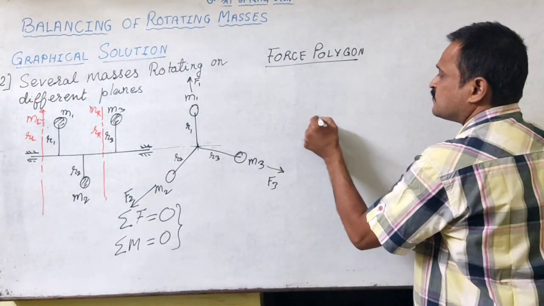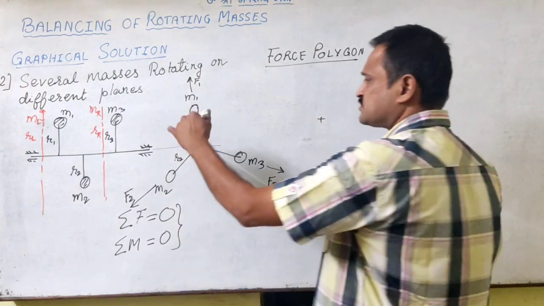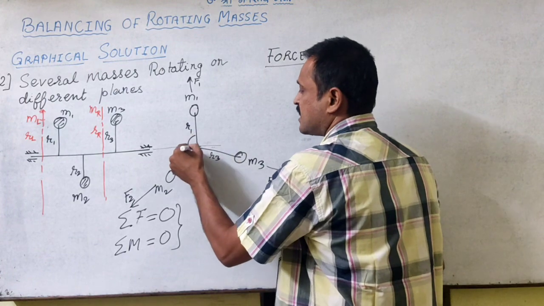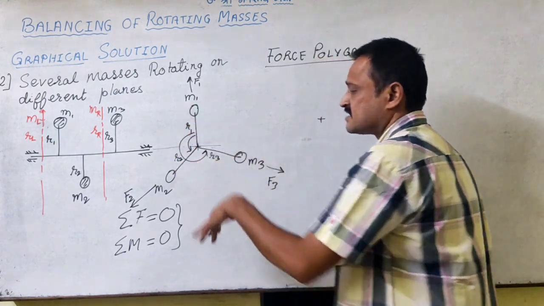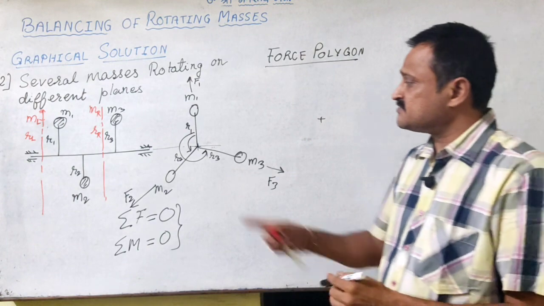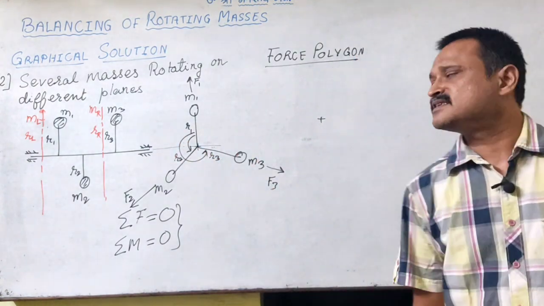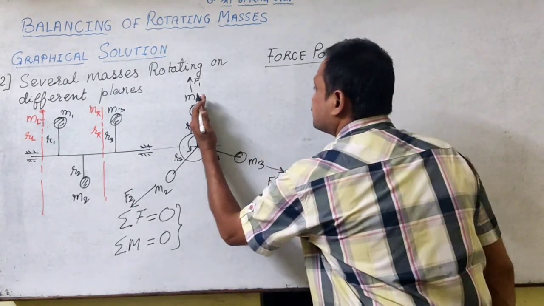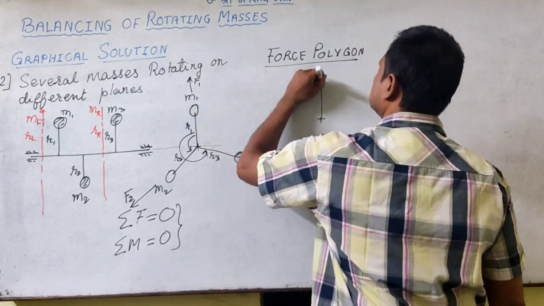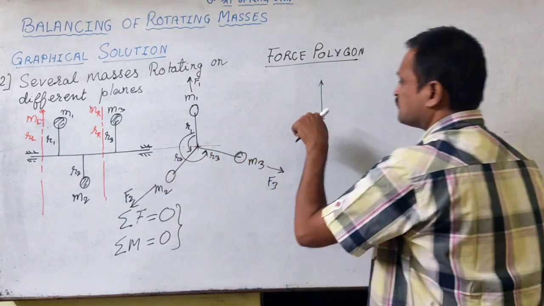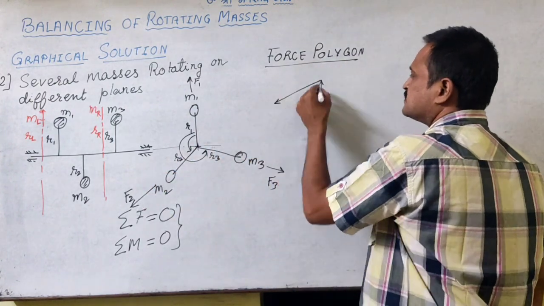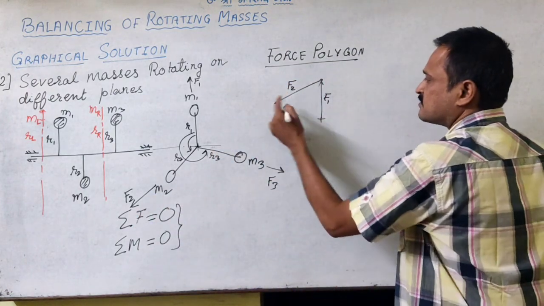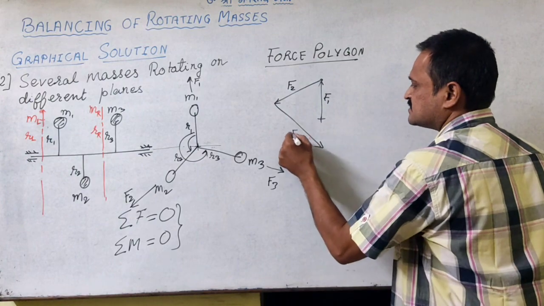Now if I go for the force polygon, so their phases with respect to say the R1, say R1 is the reference for determining the phase, so theta 1 and theta 2, let us say, we know. Now I can draw the vector for force F1, which will be in this direction, vector for force F2 in this direction, so this is F1, this is F2, and vector for force F3 is in this direction.